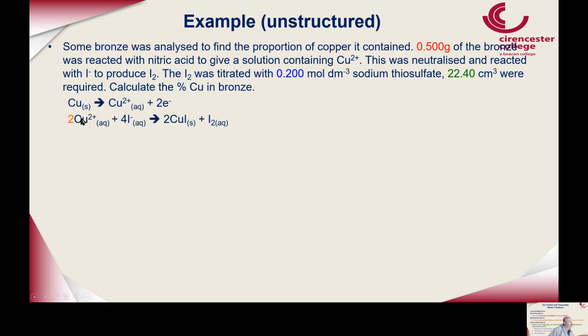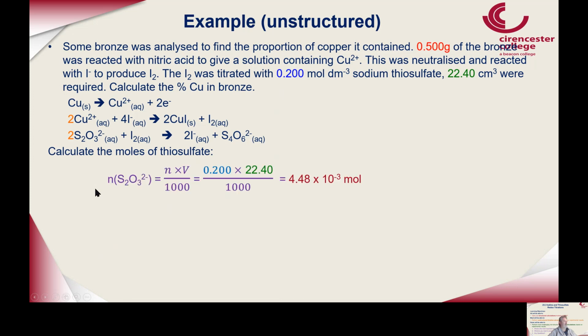Here is the equation, the copper 2+ plus 2 electrons, and there's the equation to show it reacting with iodide to make iodine. And here is the thiosulfate reaction. It's well worth learning the thiosulfate iodine reaction, so you know what it is. So 2 of those react to make 1 of those, and 1 of those reacts with 2 of those. So the ratio is 2 to 2, or 1 to 1.